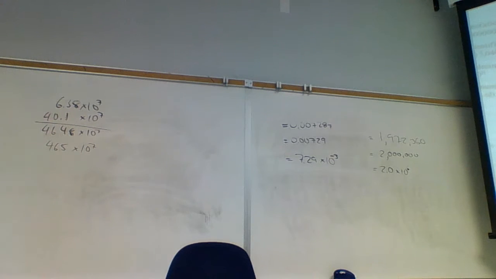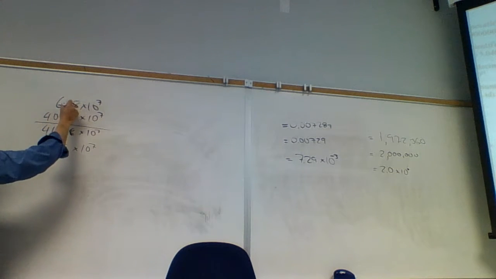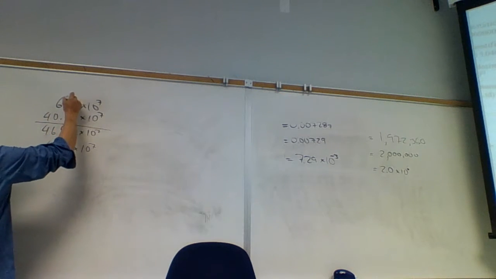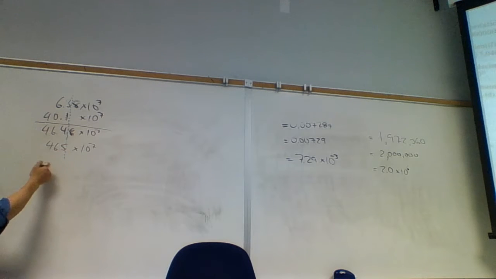The rule officially is this: we look at the decimal places. The one with the fewer decimal places is what we round to. This one has fewer decimal places, so we're only allowed one decimal place in this case. So we round to that. And so that's addition and subtraction.